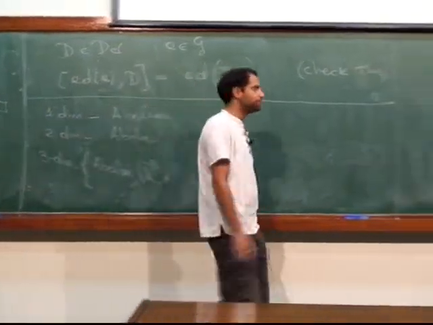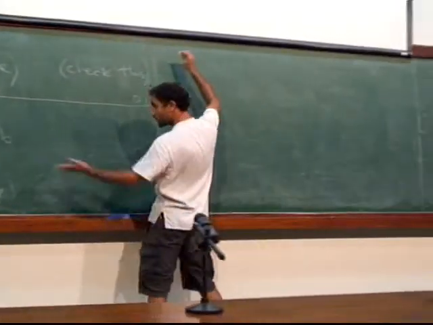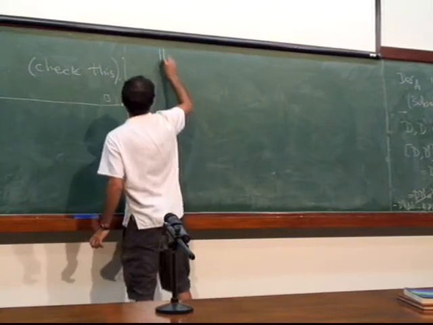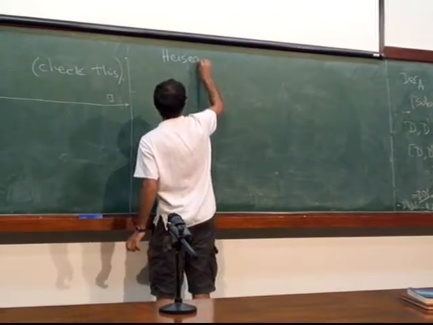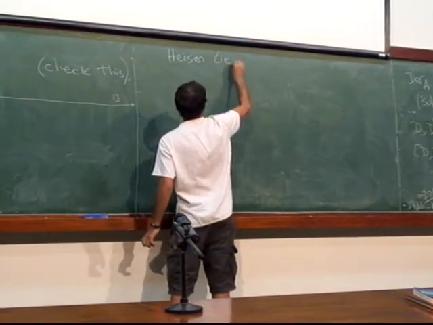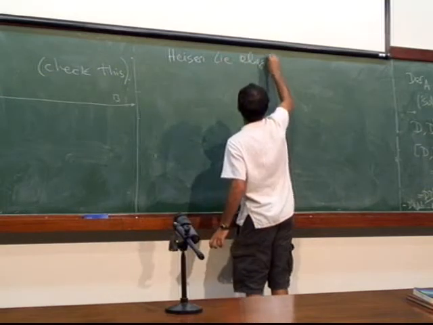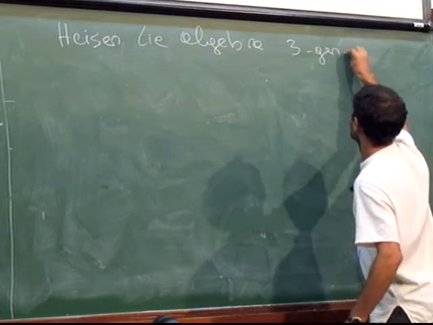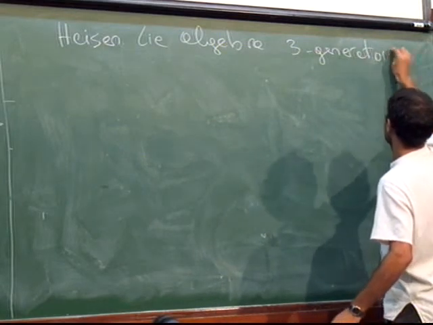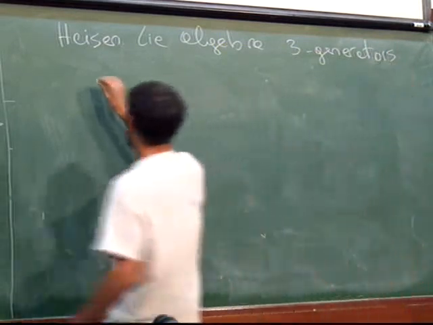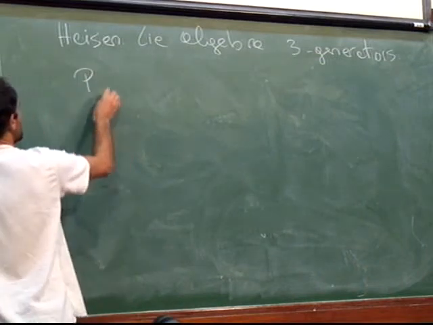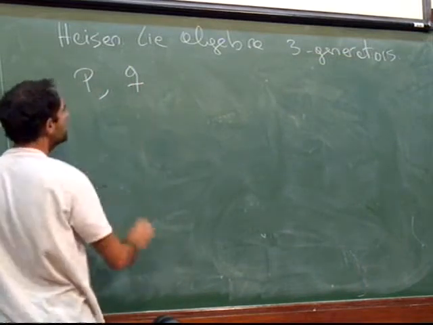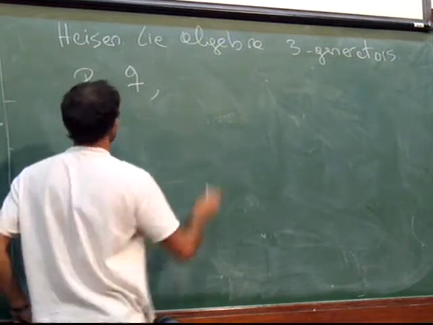All right, so the Heisenberg Lie algebra has three generators. Let me put names to those three: P, Q, and H bar.